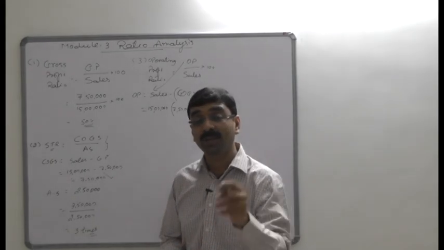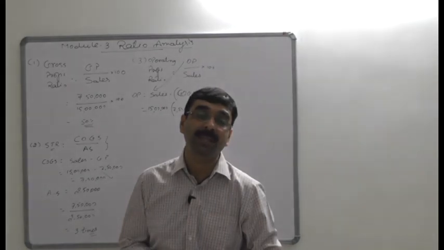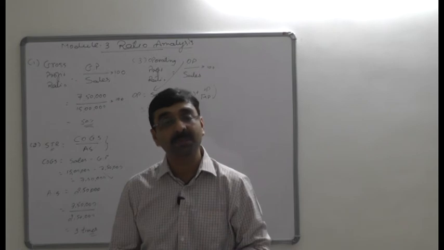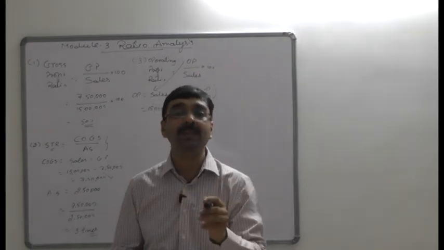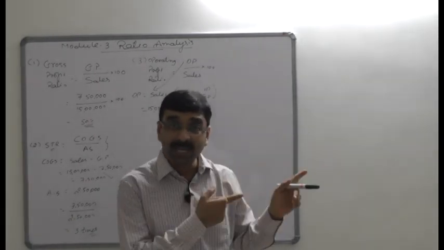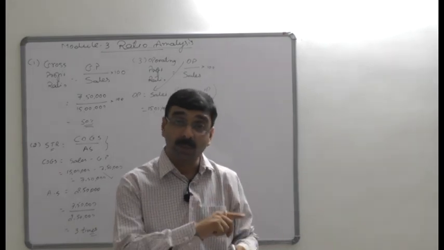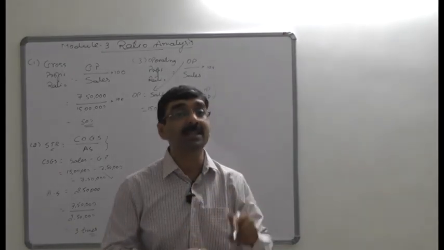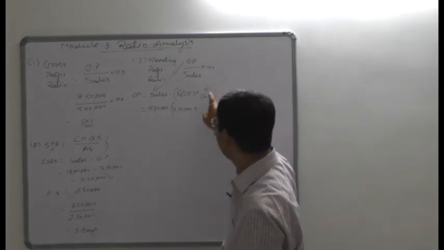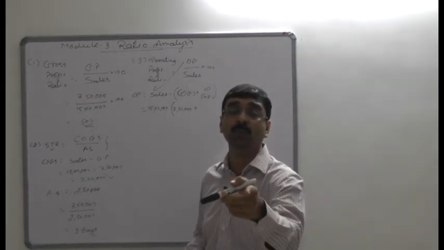How can you remove it? Just check the balance sheet. On the liability side, the debentures value is given as 10 lakh rupees. The rate of interest on debenture is 10%. So 10% interest on 10 lakhs comes to 1 lakh rupees. Admin expenses are given as 1,25,000, of which 1 lakh rupees is interest on debenture, a financial expense that could not be considered under this category, so it is removed from the total admin expense.